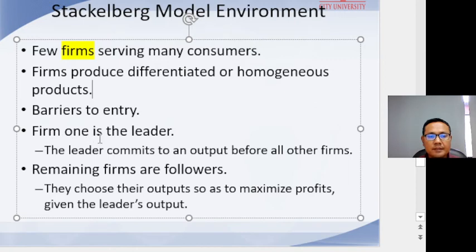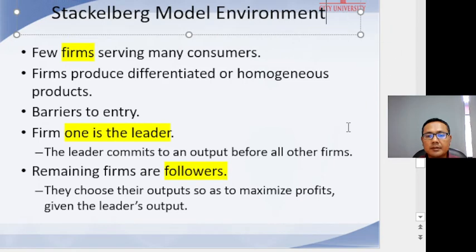Firm 1 is the leader, which is a very important characteristic of this model. The leader commits to an output before all other firms, and the remaining firms are followers. So in the Stackelberg model, we have a leader and followers.